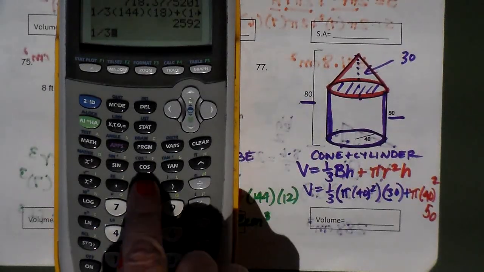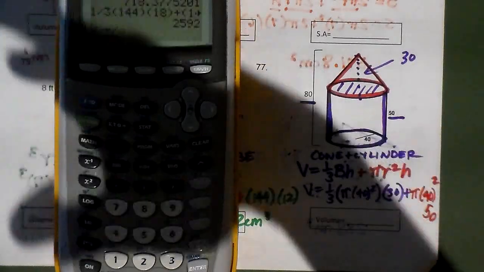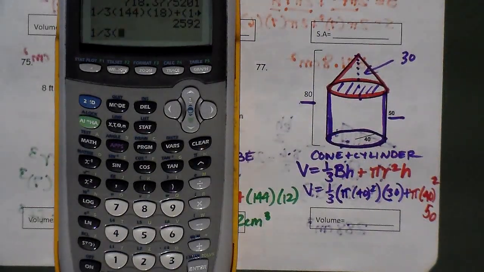So again, 1/3. I want to make sure I'm doing this right. 1 divided by 3.